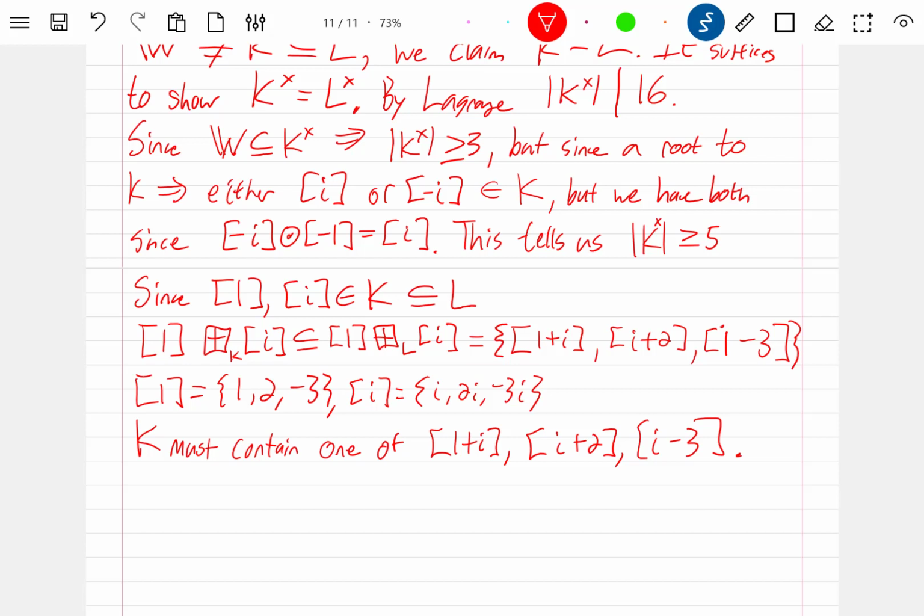We have at least 5 elements. So the size of k star is either 8 or 16. We want to show it's 16.